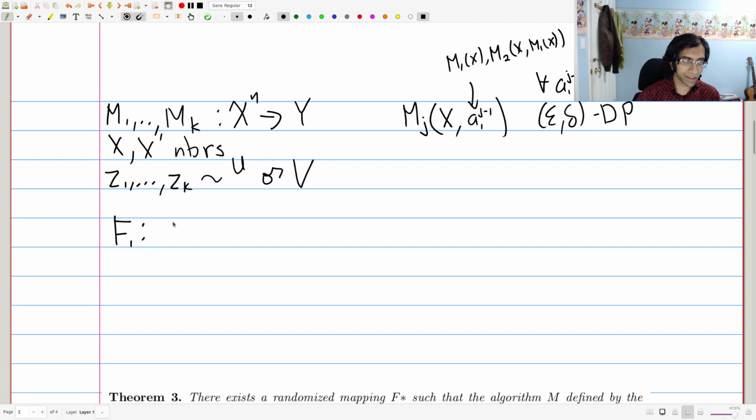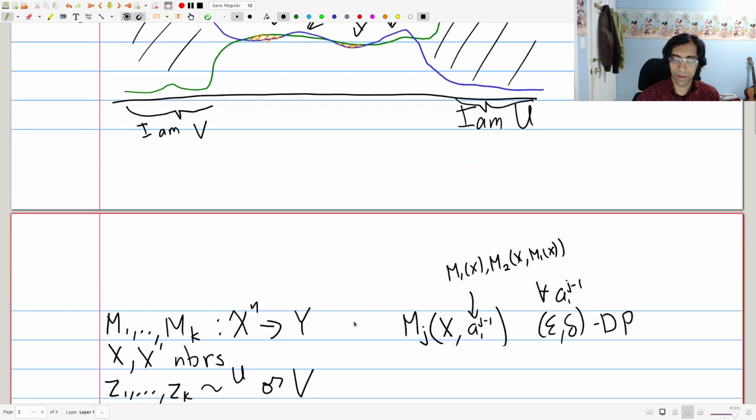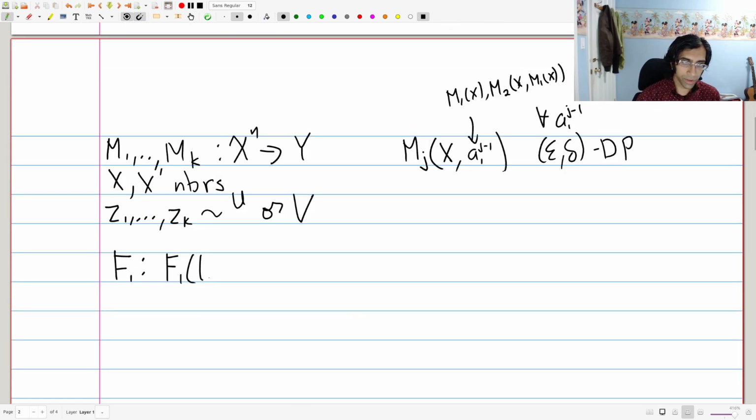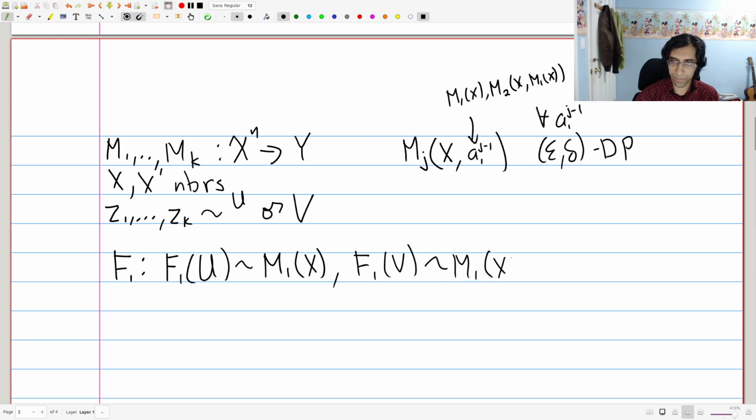If we have f1 on u, that will give us a sample from M1 on x, and similarly f1 on v will give a sample from M1 on x prime.